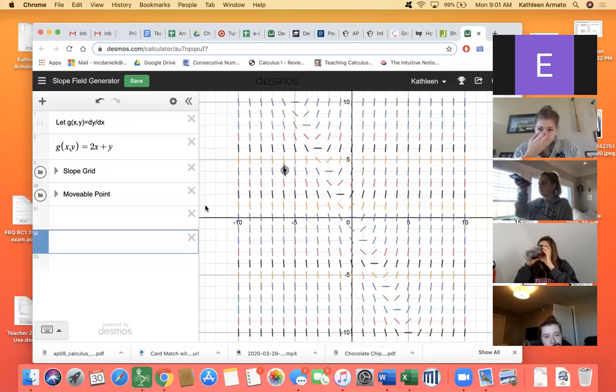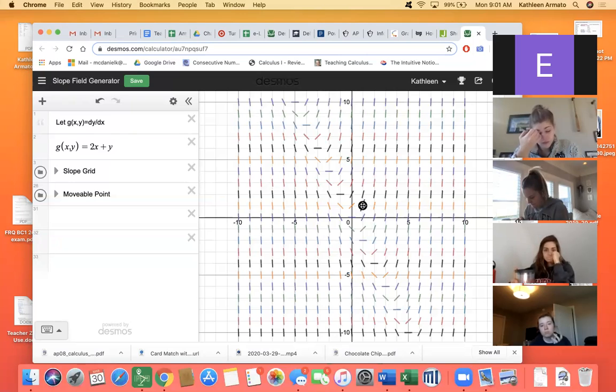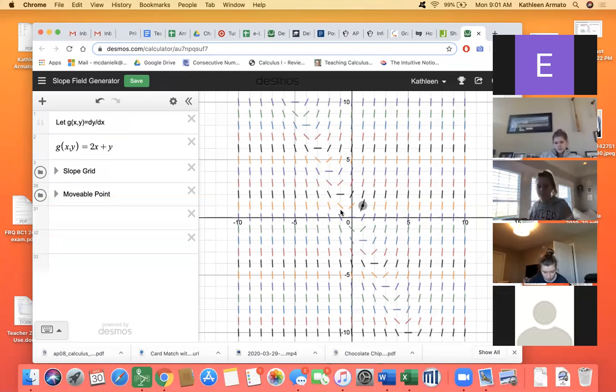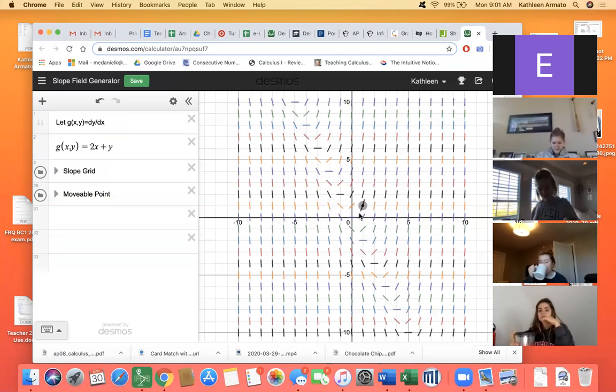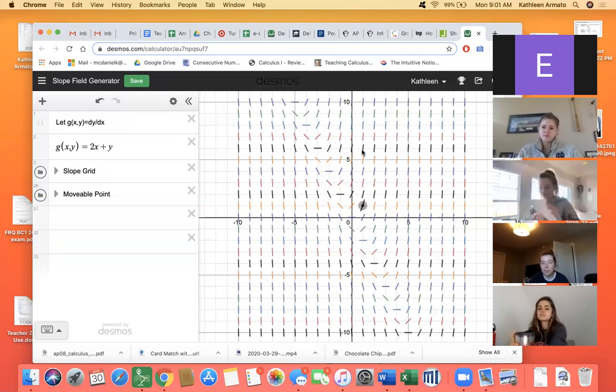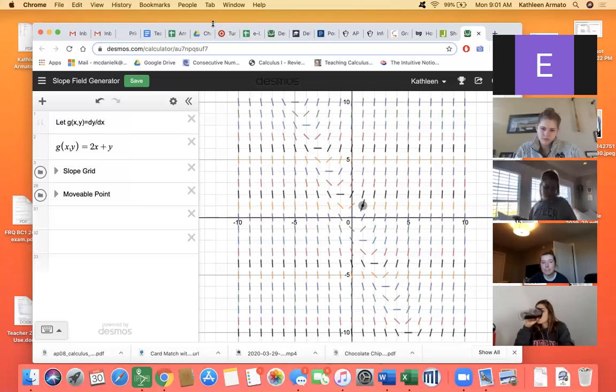If you knew that this was a solution on your graph, it looks like the function would go up steeply here, hit 0 here, and go up kind of steep that way. What you try to do is visualize a function that would go through this point and would have these lines as tangent lines.